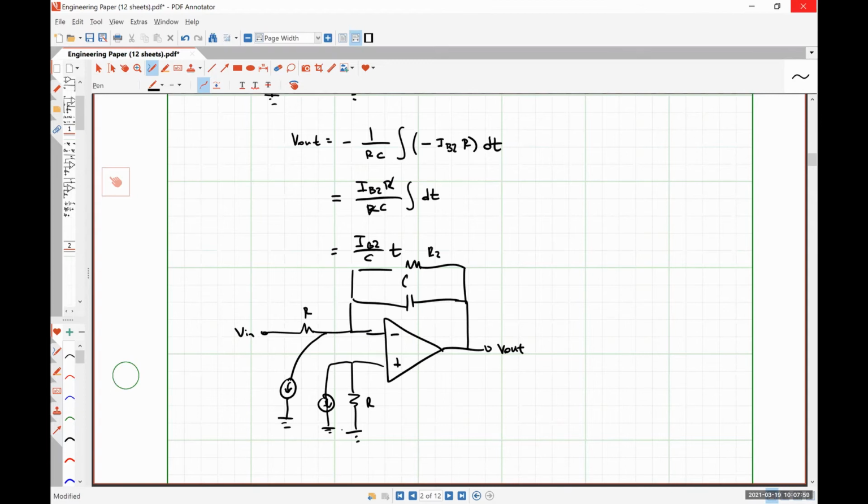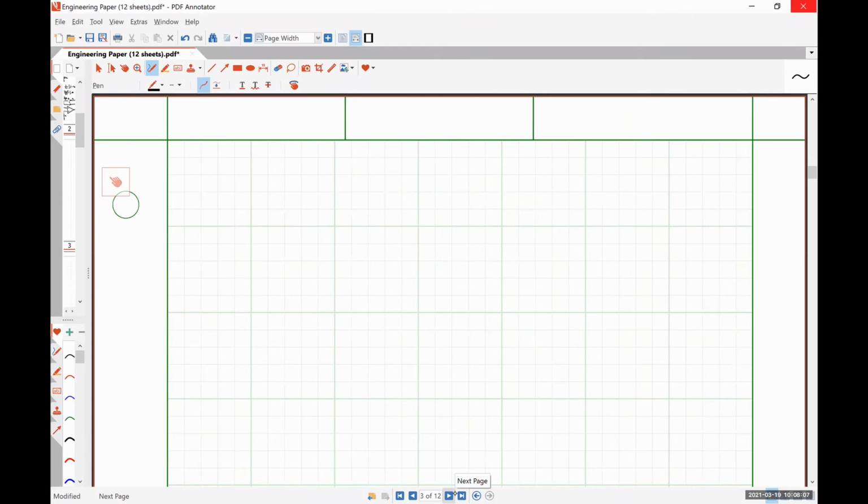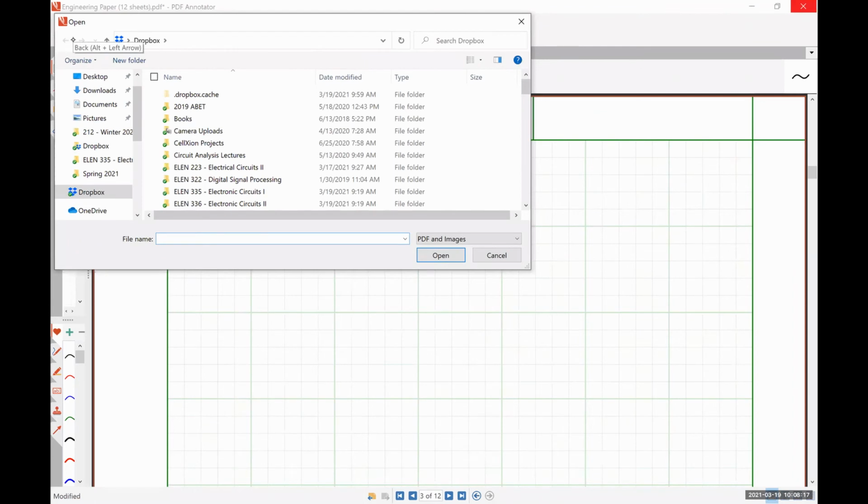All right, so the next thing I want to talk about is the finite bandwidth of op amps. I'm going to do this largely pictorially. So let me open up another file here real quick. Let's go to the data sheet for a real op amp.